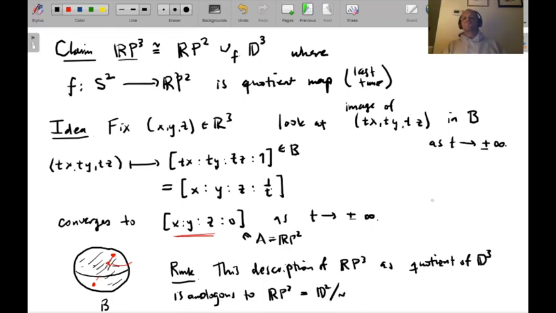For RP2, the two-dimensional disk was the upper hemisphere.